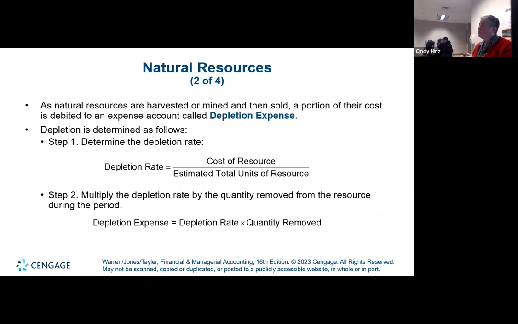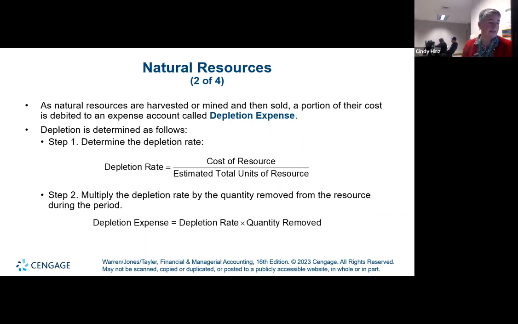The value of the land would be, how much do we think it's going to be worth after we've removed all the coal? And we would assign that to land under property, plant, and equipment. And then the rest of the value would be for the coal, the mineral rights. And that coal would be reported as a natural resource and would be subject to depletion.